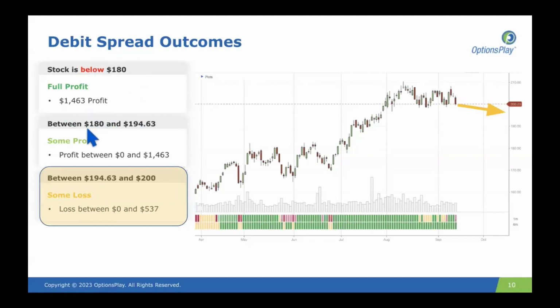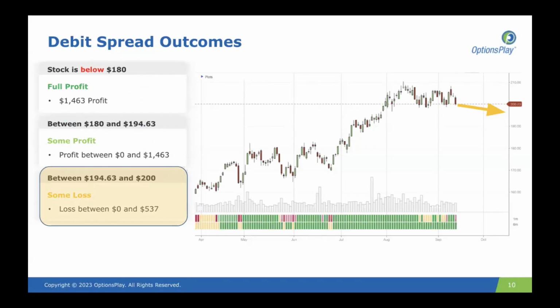But now the stock is at expiration, it's gone down and it's trading between where our break even point is at, which is 200 minus the $5.37 or 194.63, and the 180, which is the short strike of our long put spread.